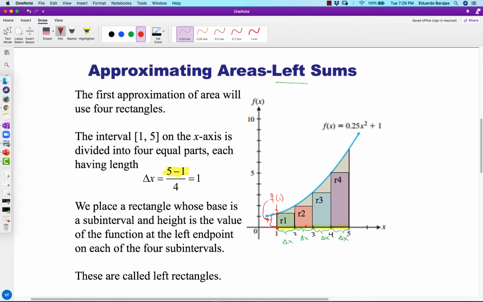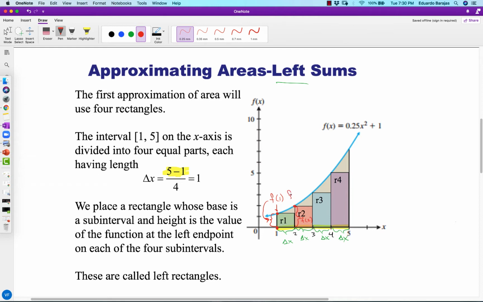And then for the second rectangle, given that we're using the left rule, we are going to use the number 2. This point right there will establish the height of this rectangle. So this height right here would be f of 2. From there to there, this is f of 2.